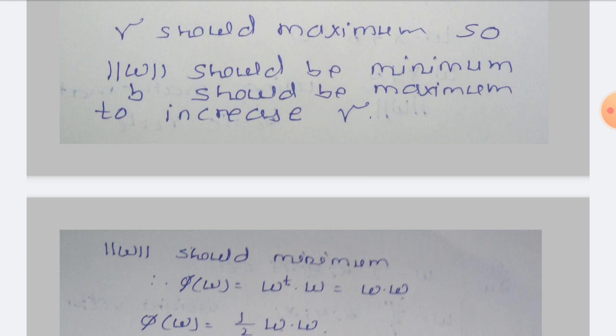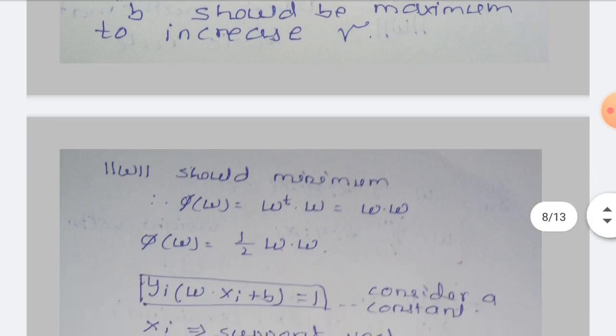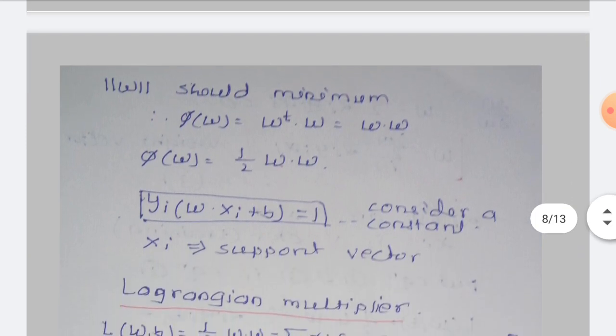To minimize mod of W, we define the function phi of W equal to W^T times W, which I can write as W times W using a mathematical rule. So phi of W is equal to half of W times W. For mathematical convenience, we just put the term half there.